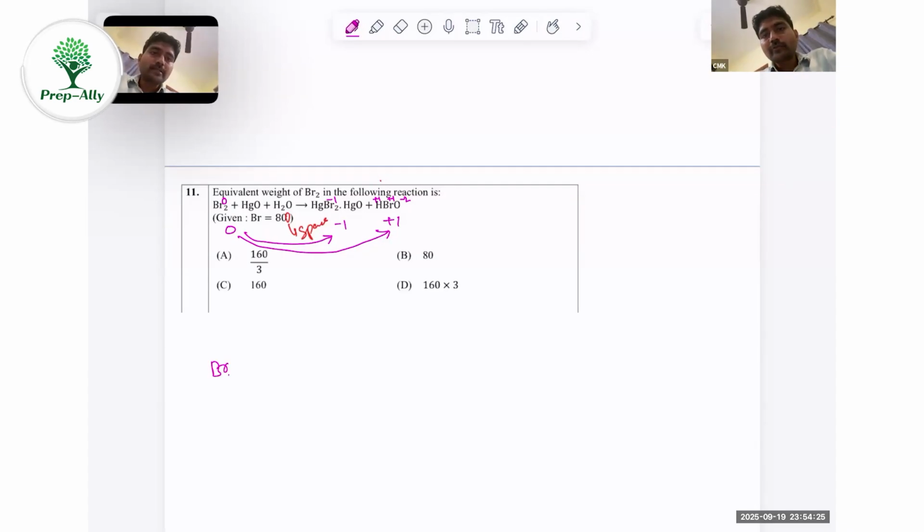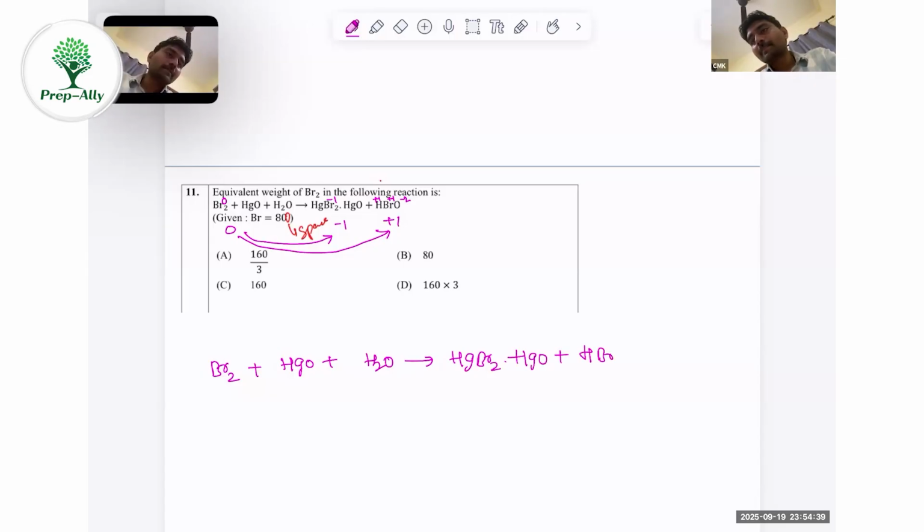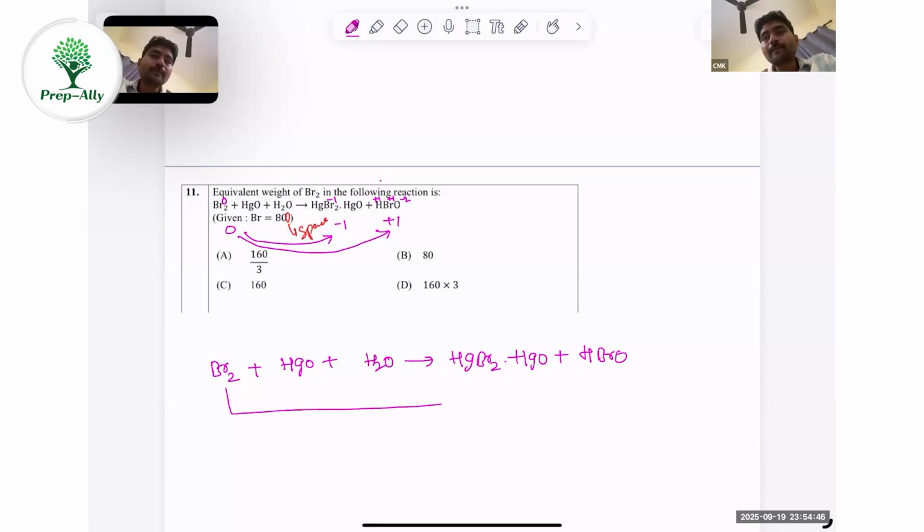So we will balance the equation: 2Br2 plus HgO plus H2O gives HgBr2.HgO plus HBrO. Now, how many electrons is it gaining? I'm just balancing by taking 2Br2. So Br2 plus here 1 Br, so 3 Br are there.